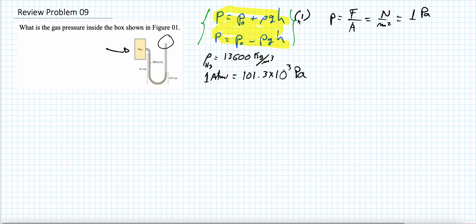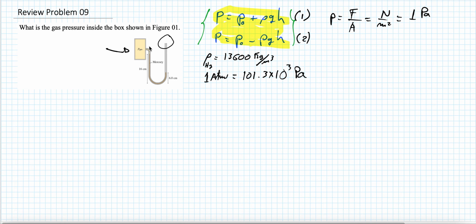Now the second equation is for when we are going up. For example, when an airplane takes off, the pressure it experiences decreases as it goes up, because there is less air up there. So we have the initial pressure minus the pressure due to the altitude, the height that we go up.